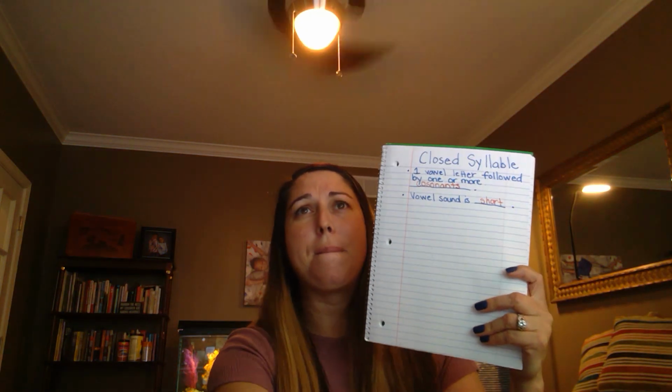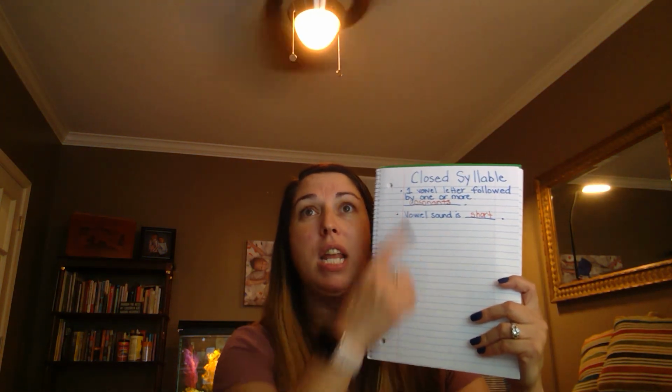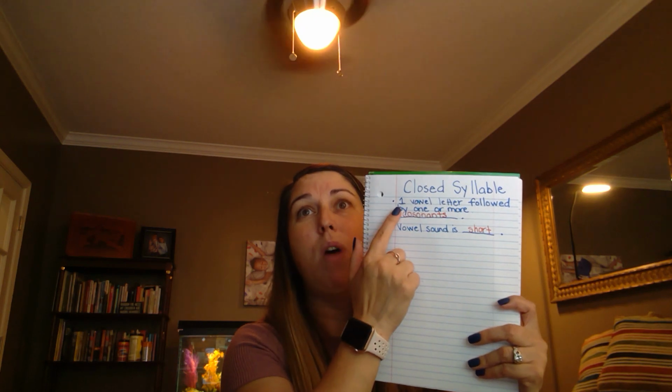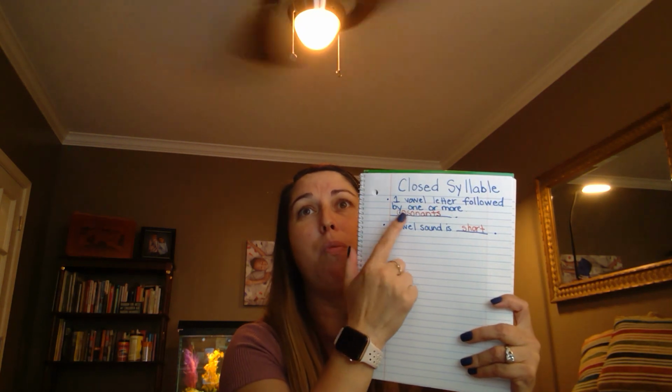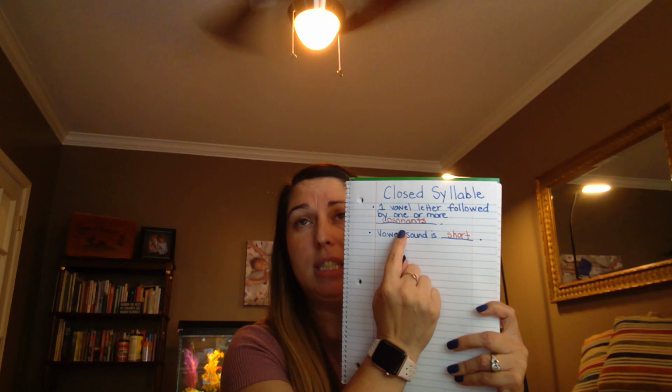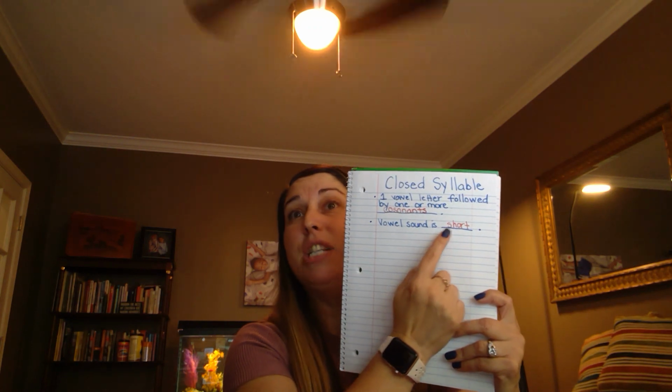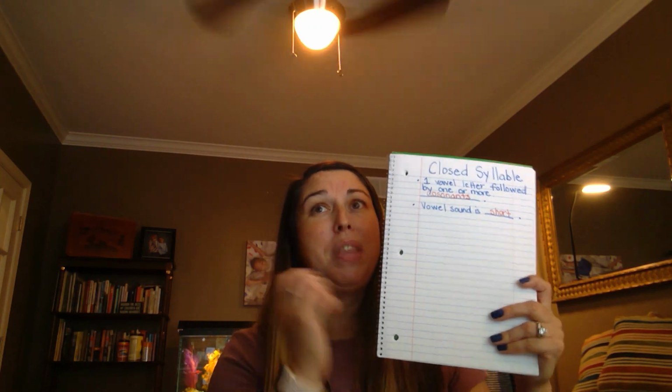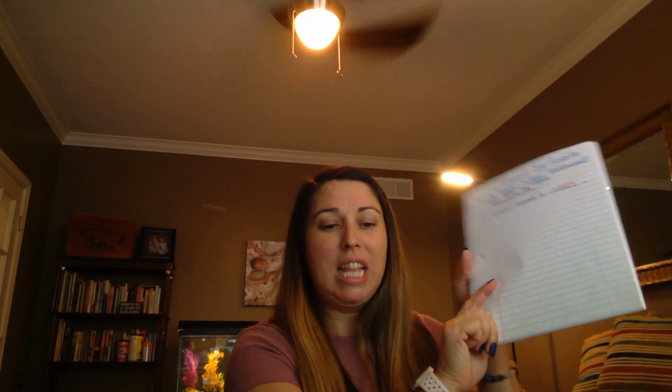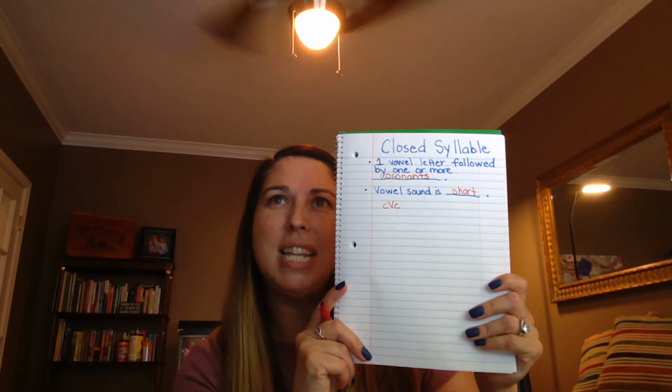Okay, so let's review that again. A closed syllable has one vowel letter followed by one or more consonants. The vowel sound is short. Okay, and you will usually see it like this. Do you see that?